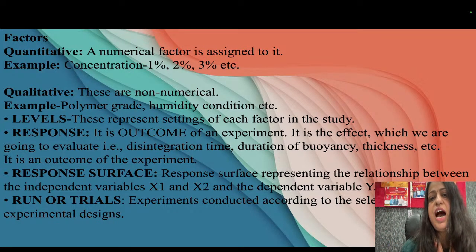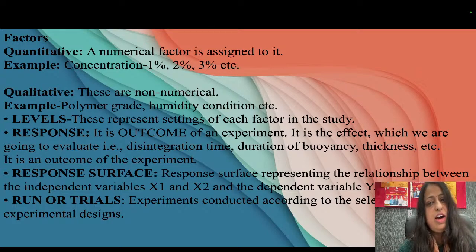That duration I can check. Again, it depends on the amount of polymer which will give the flexibility to the tablet to float, and will affect this duration of buoyancy, right?